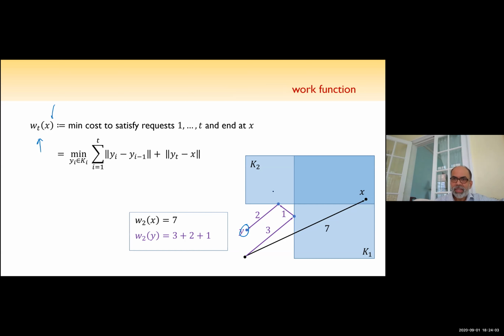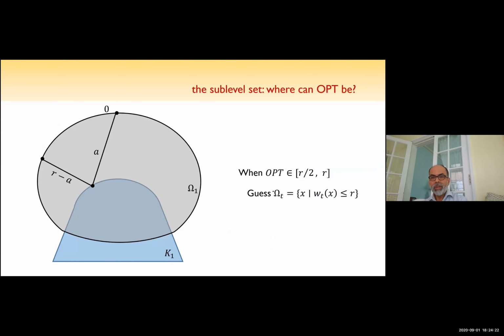The work function is, if I want to handle all the requests and end up at this point x, what should I do? How much should I pay? That's really the object. We good? So basically, remember I told you that opt pays no more than r.